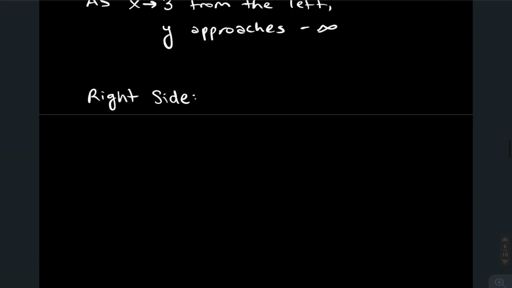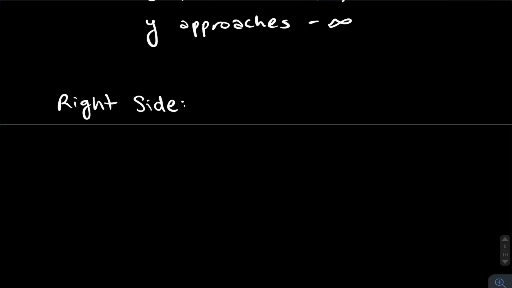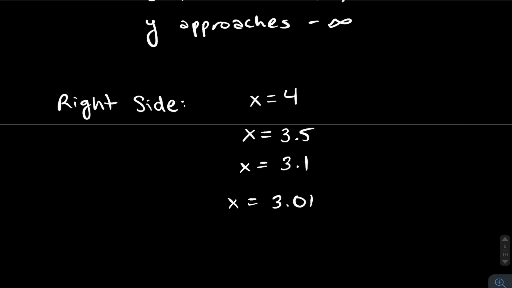So if we switch over to the right side, the same exact thing is going to happen. Let's try some new test points. We'll try x equals 4 instead of 2, and then x equals 3.5, x equals 3.1, x equals 3.01. Let's just focus on the denominator here.